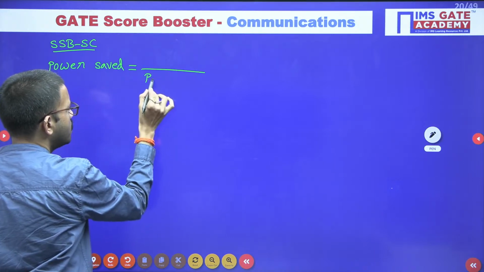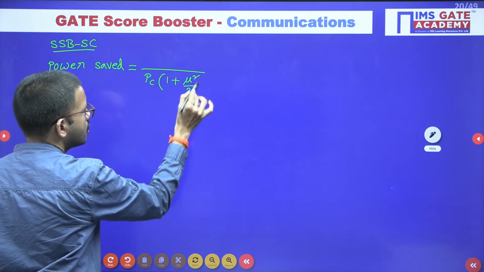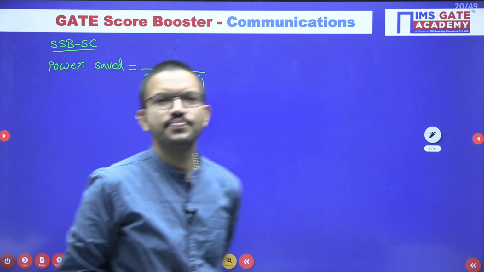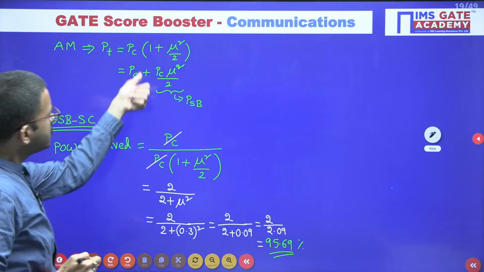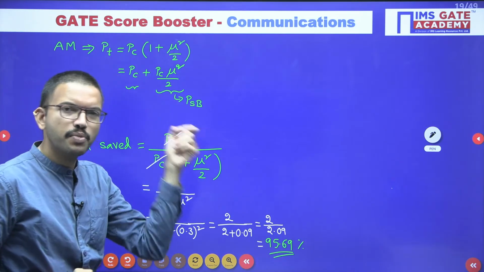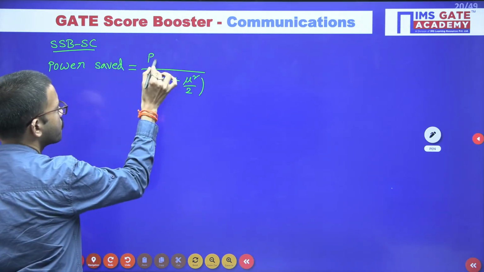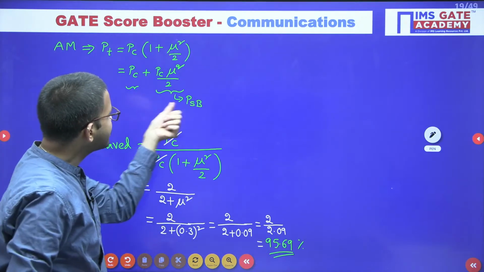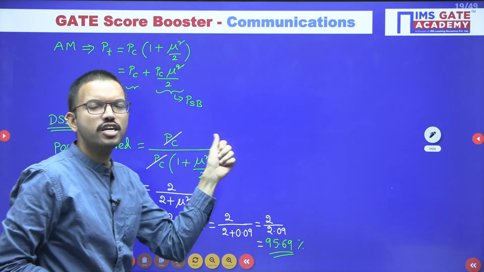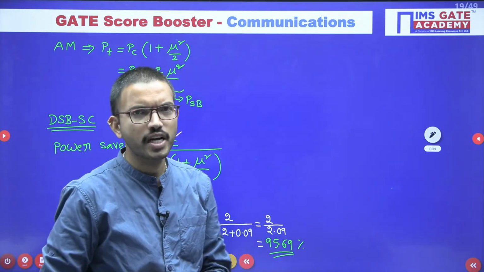Now the denominator term, as usual, is PC into 1 plus mu square by 2. Now can you tell what is the numerator term? Here we are suppressing the carrier power, so that much power we are saving in SSBSC. Now in addition to that, this is the total sideband power, out of which we are giving power only to one of the sidebands.